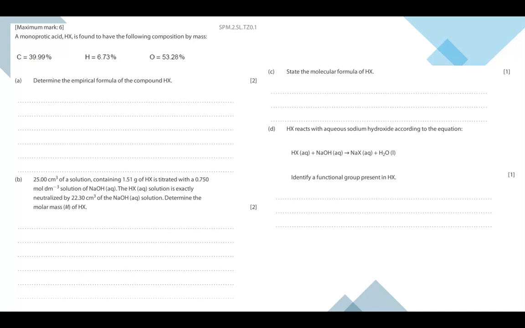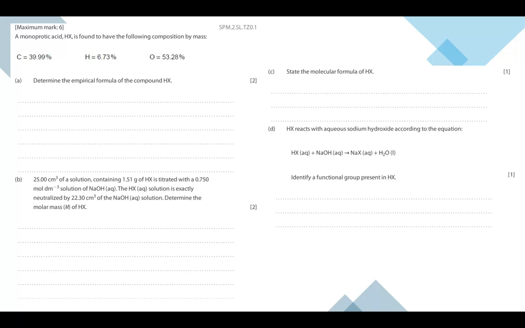The HX solution is exactly neutralized by 22.30 centimeters cubed or milliliters of the sodium hydroxide solution. Determine the molar mass of HX. So we've got a molar mass question there.